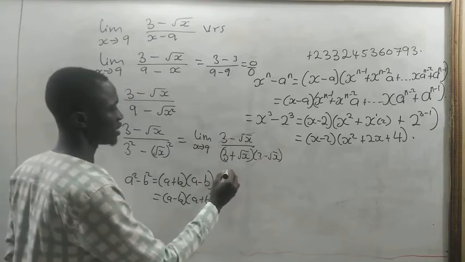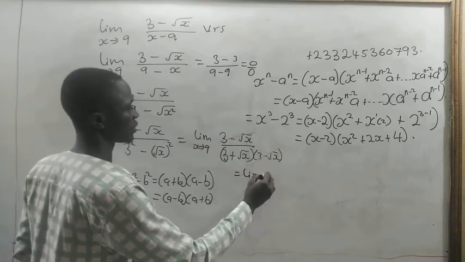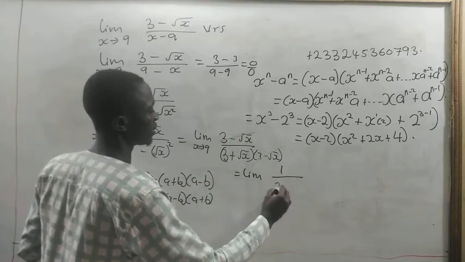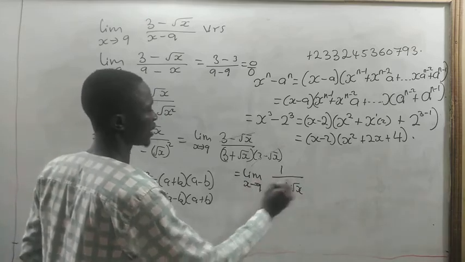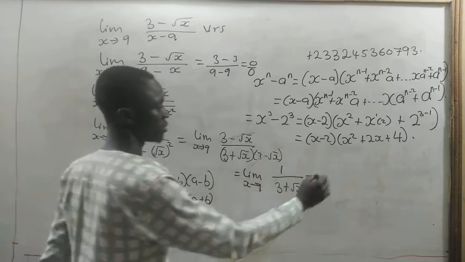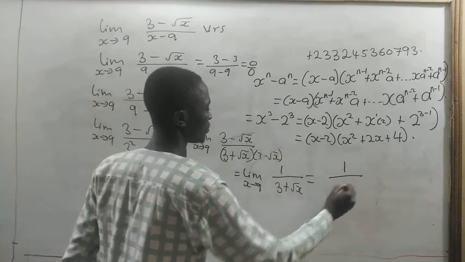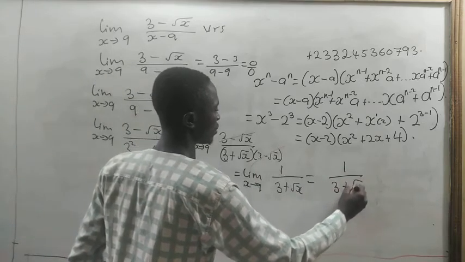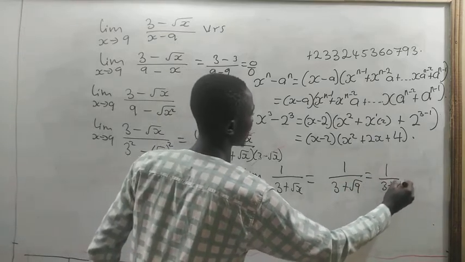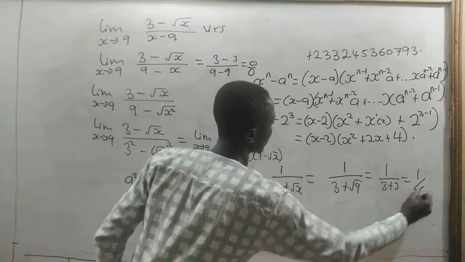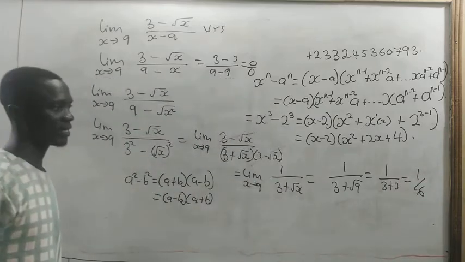So this will be the same as the limit of 1 divided by 3 plus square root of x as x approaches 9. So let's substitute. So this will be 1 divided by 3 plus square root of 9. That will be 1 divided by 3 plus 3, and that is 1 over 6 as the final answer.